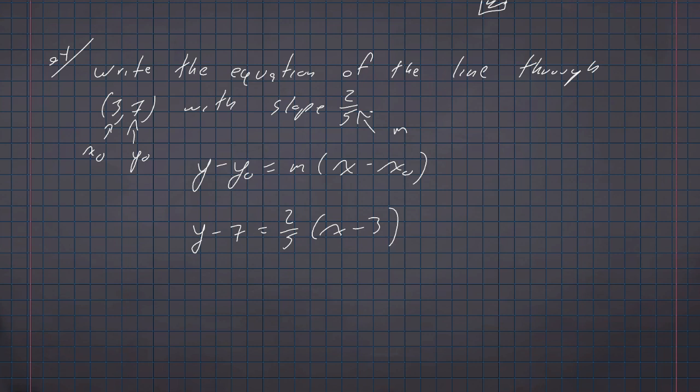Technically speaking, that satisfies the problem. We were told to write the equation of the line, and we have written the equation of the line. But in practice, we know that writing an equation in this form is not very useful, so we'll take the time to simplify the equation and try to get it into a form that is more useful to us.